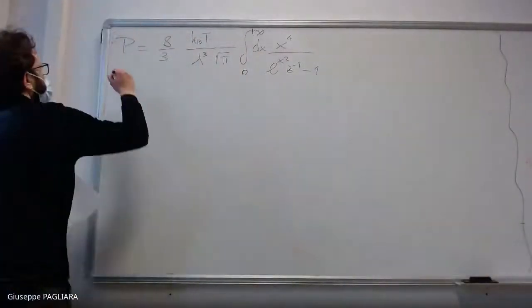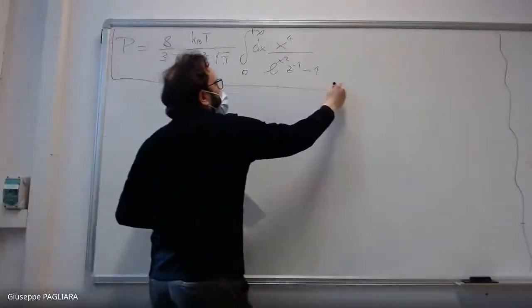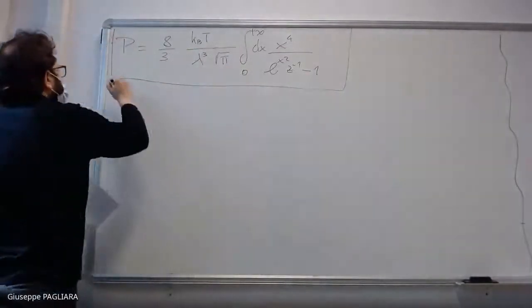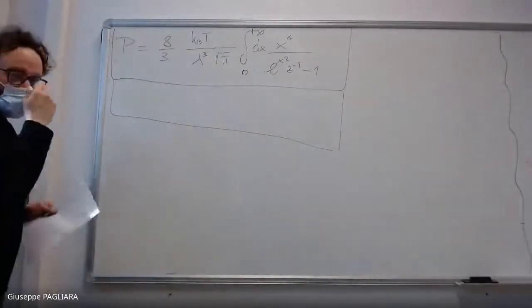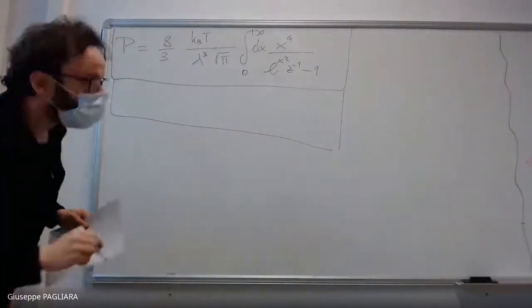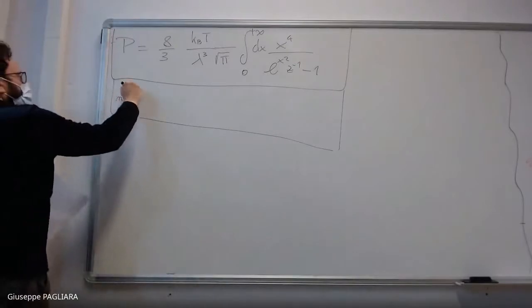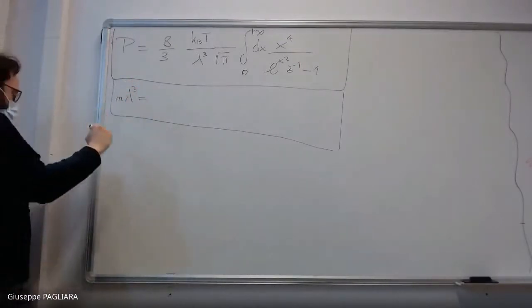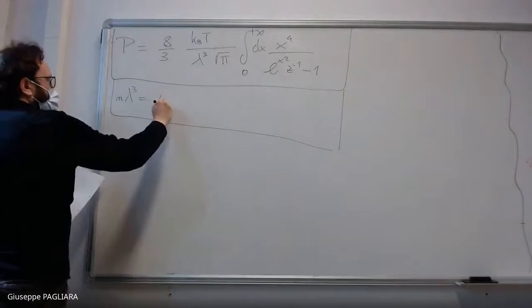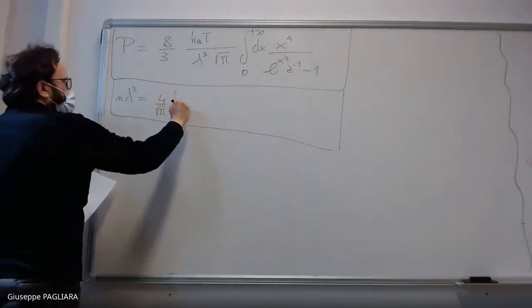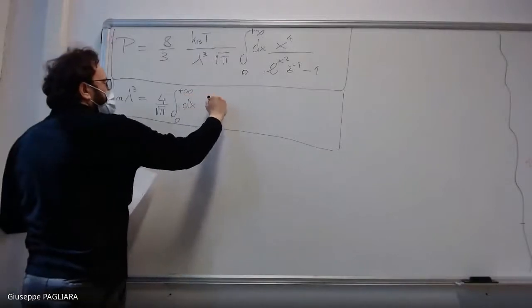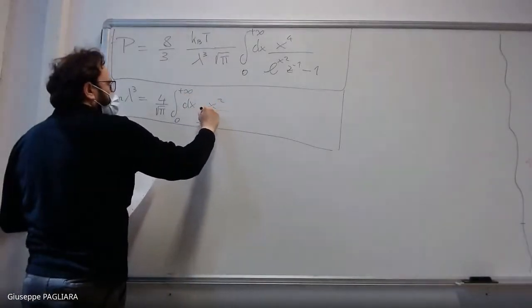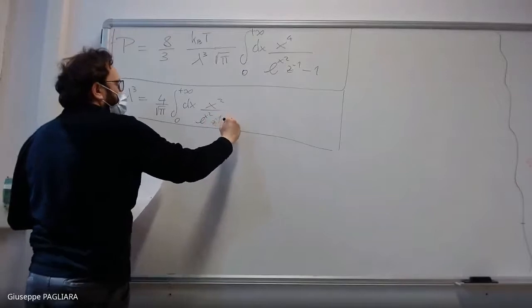And then we add, so this is an important relation, a similar one for n lambda cubed, which was equal to 4 divided by square root of pi integral from 0 to plus infinity dx x squared over e to the x squared over z minus 1.